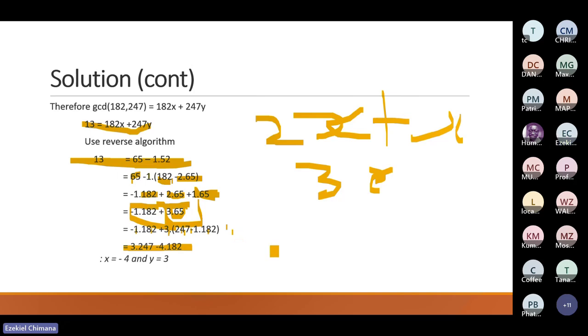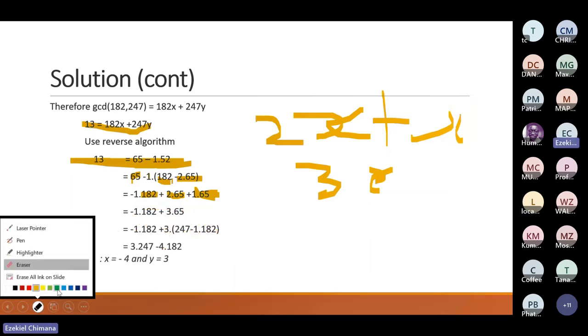If you group them, it will become minus 1x minus 3x, because here we are going to multiply by minus 3, and you get a negative 4. You just get a negative 4. That's why we have 3 times 247 and minus 4 times 182. So what you do now with this is very simple.